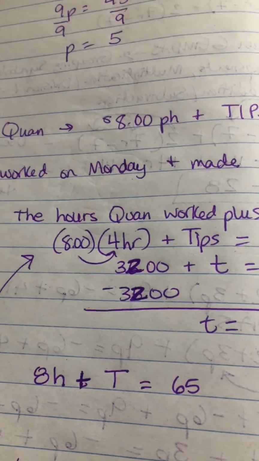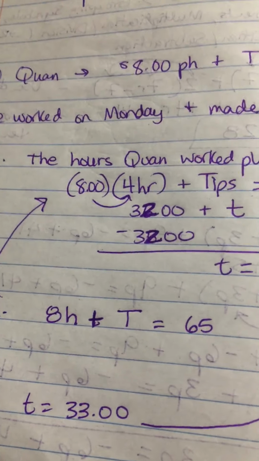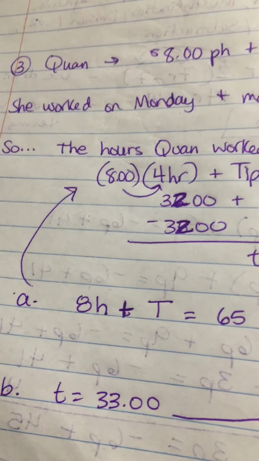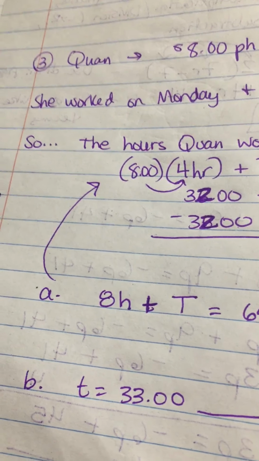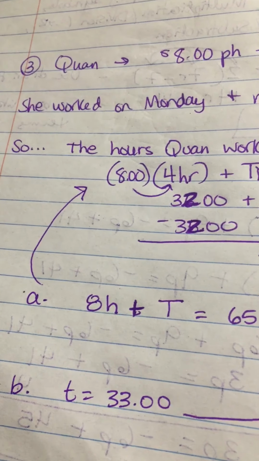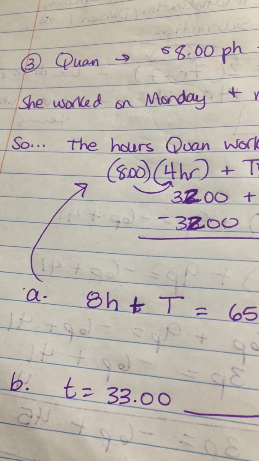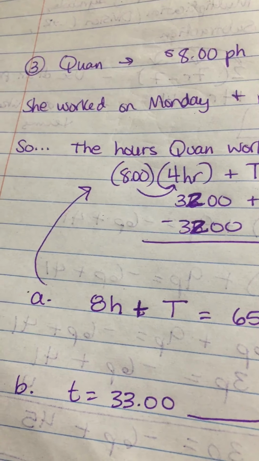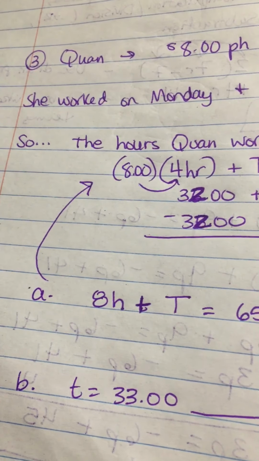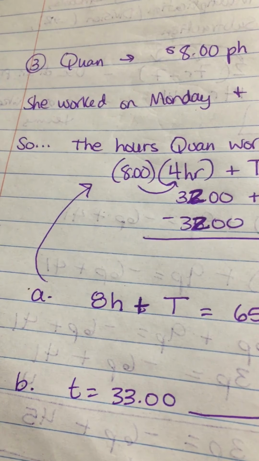So how would we write it in equation form? Let's let H stand for hours. So 8 times H represents her pay for the hours that she works. Even though this is for Monday, if it was Sunday, we would still use the same variable to help us figure out her pay.